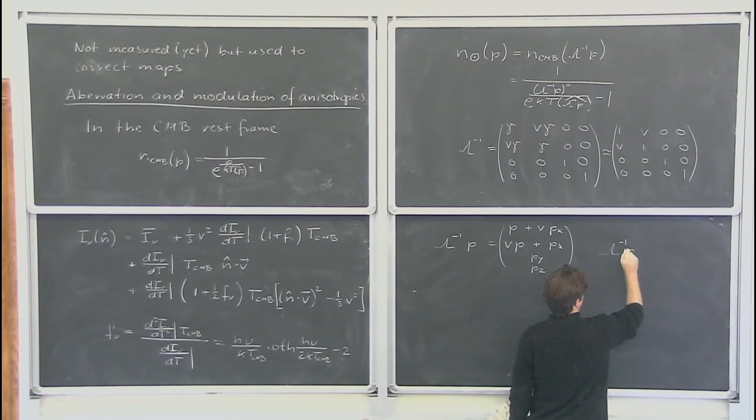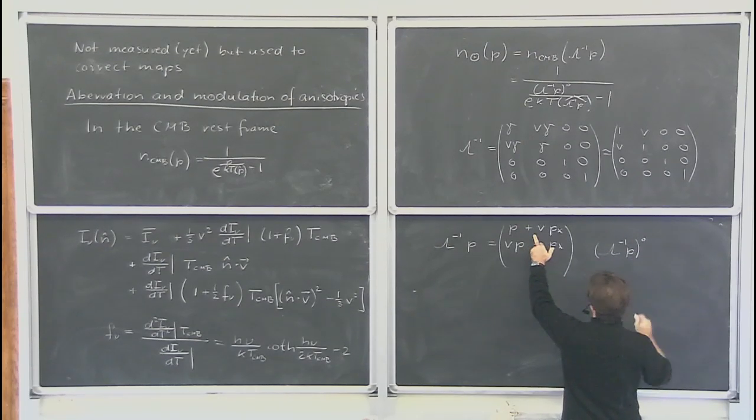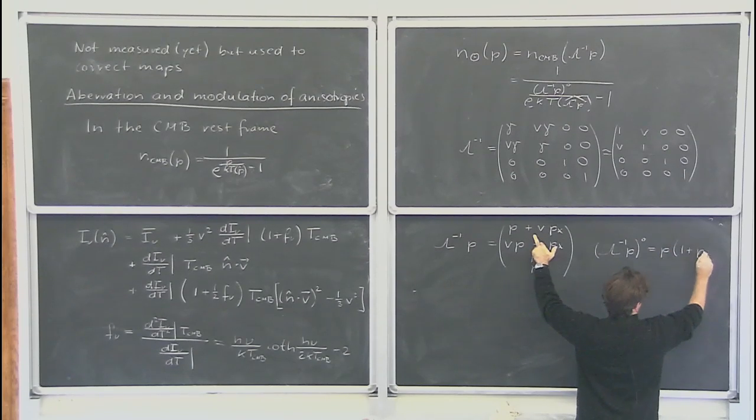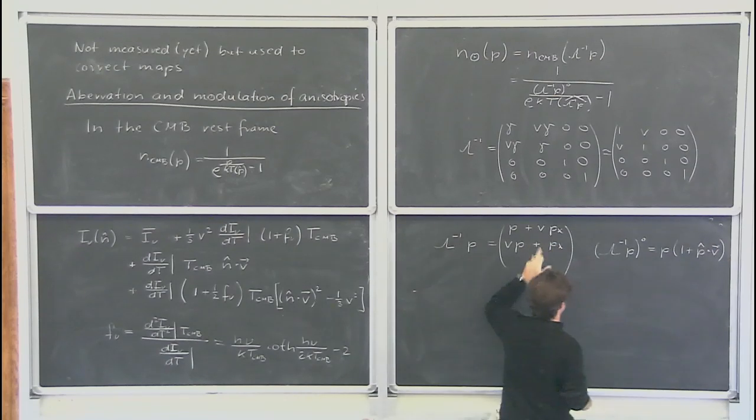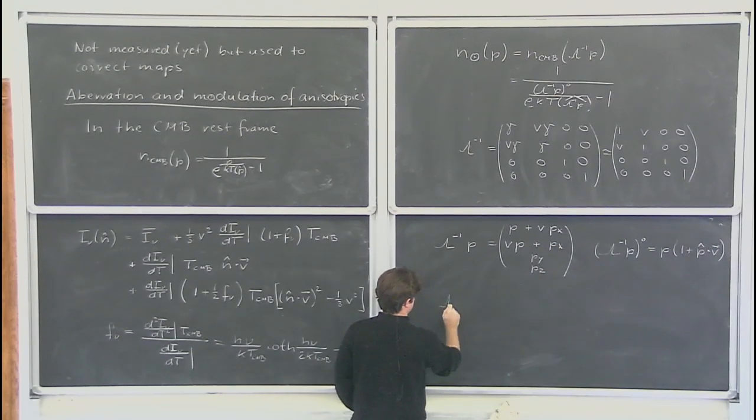So let me just write it here to save a little bit of space. The lambda inverse p, the 0 component, is what we had before in general. So this will be p times 1 plus p hat dot v, just like we did before. And now what we need is lambda inverse p, the 3 vector.